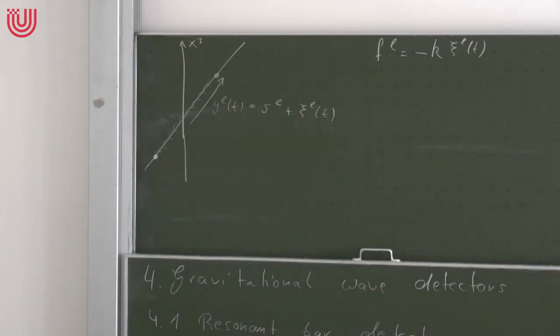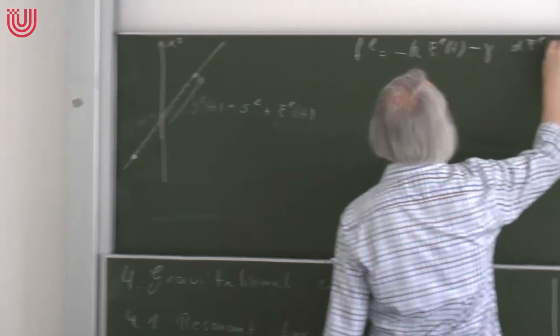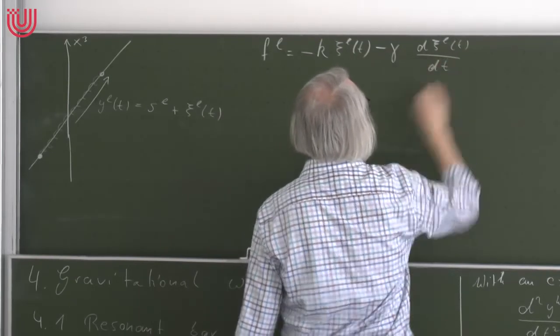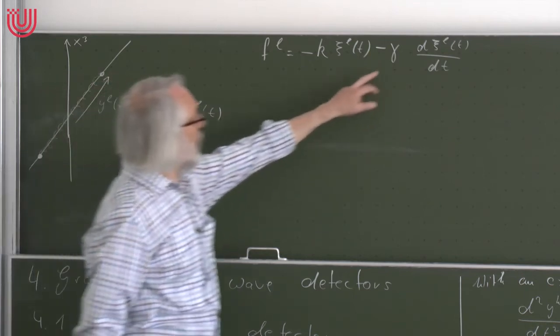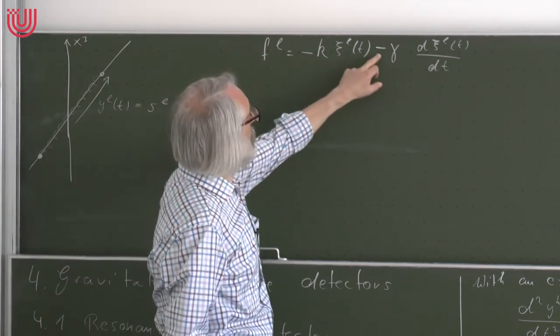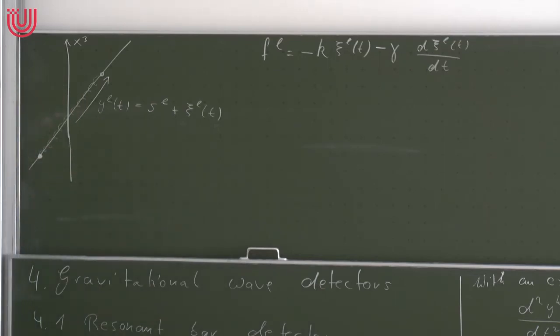Gamma? Yes, gamma, which is proportional to the derivative, to the velocity, right? So positive gamma means that the force wants to make the particle slower, so it's really a damping, right?